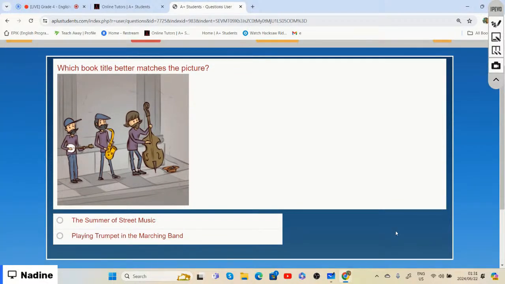Which book title better matches the picture? Is it The Summer of Street Music or Playing Trumpet in the Marching Band? So, which book title better matches the picture? Is it The Summer of Street Music or Playing Trumpet in the Marching Band?